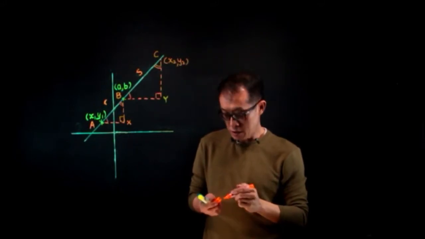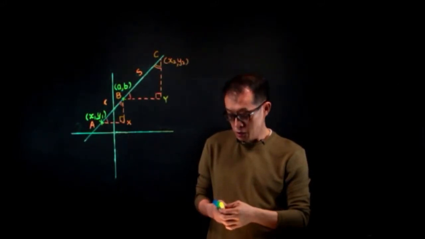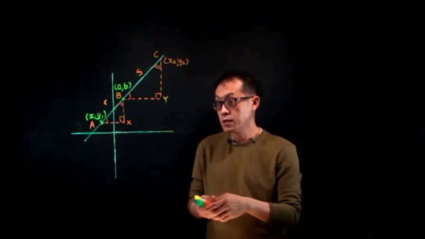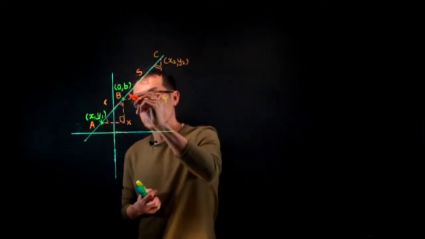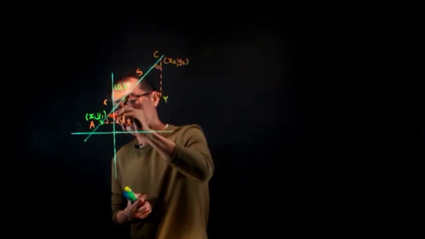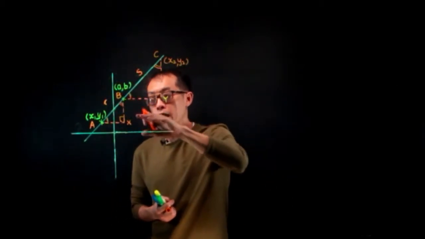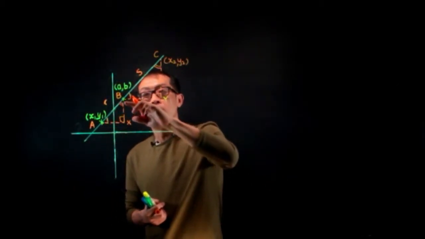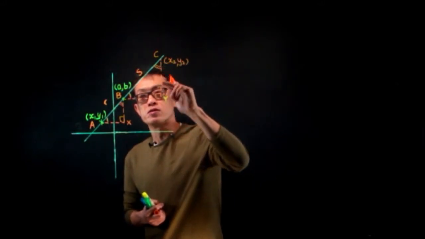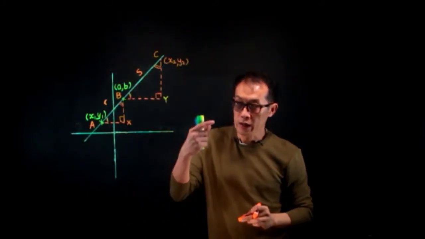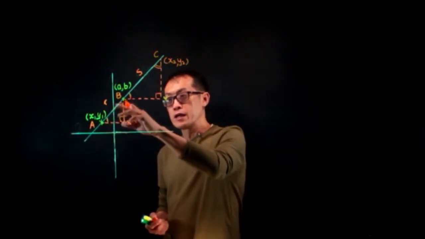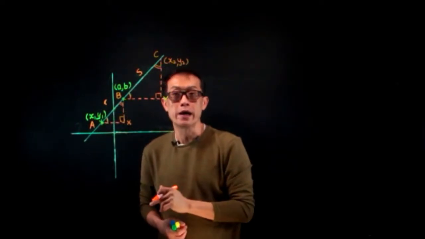Now you look at the triangle, you realize that this angle here is equal to this angle here. Okay. Now because these two lines are parallel, this angle here is equal to this angle here. So what can we say about triangle ABX and BCY?